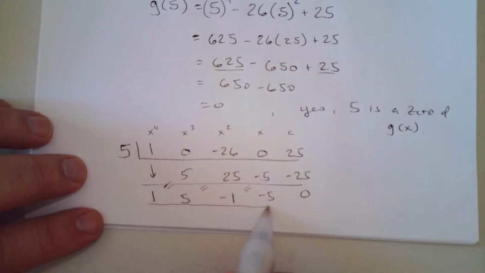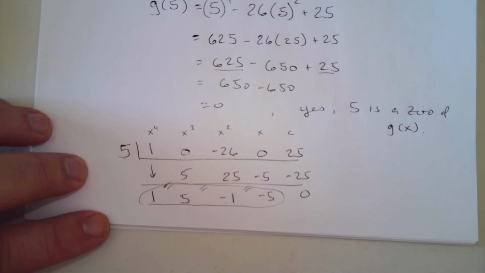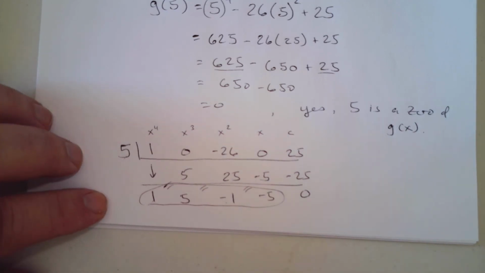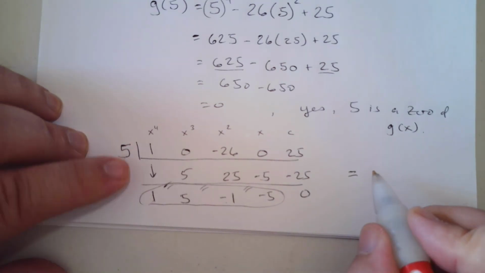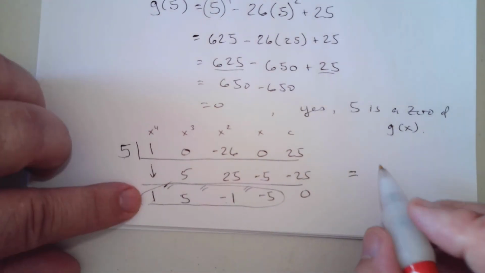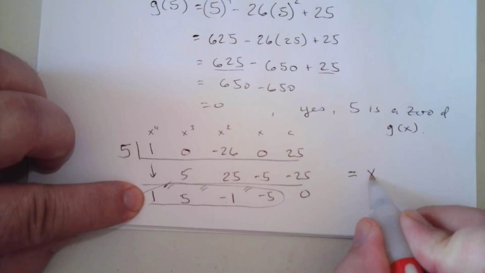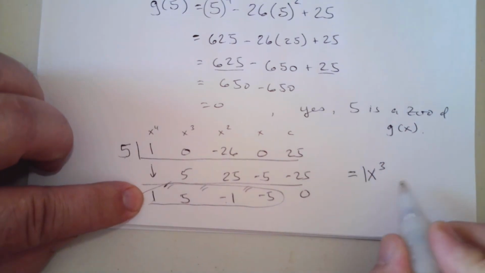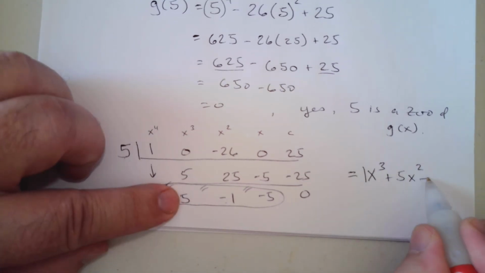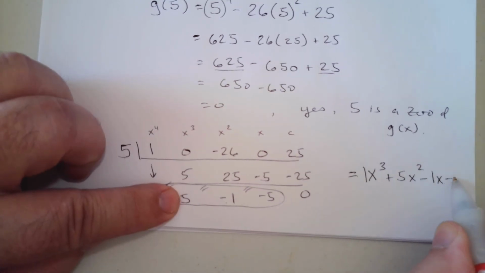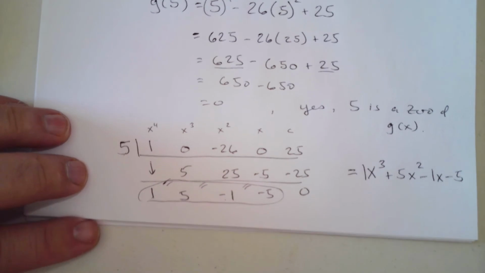So this is the next polynomial we have to look at. Since it started off as x to the 4th, we lose 1, so it's 1x cubed plus 5x squared minus 1x minus 5.